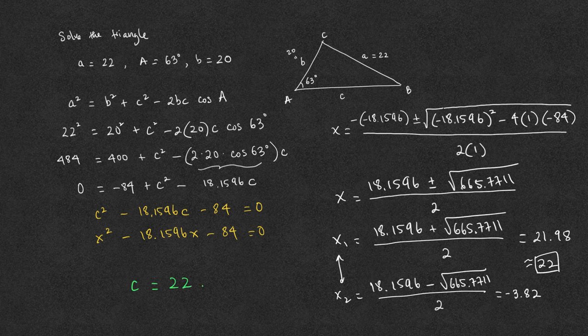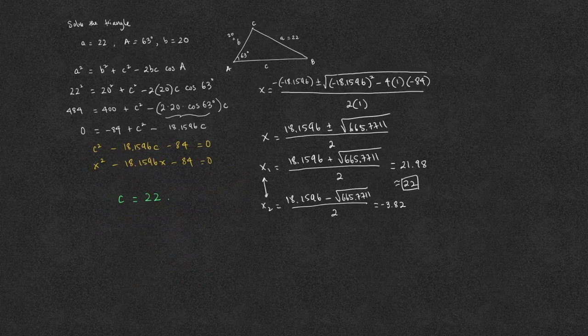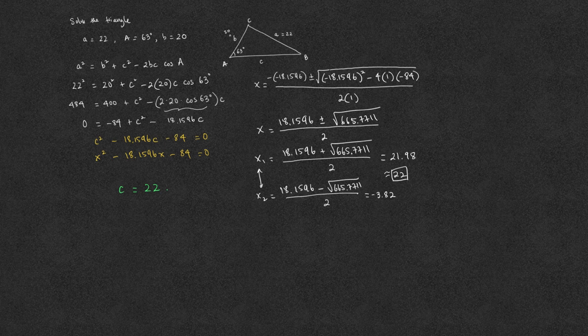We then update the information we found and the given information. Given that the lowercase a is 22 and the uppercase A is 63 degrees, these are the sides with their corresponding angle. We just found that the lowercase c is also 22. Therefore, the angle that is opposite to this side, capital C, needs to be 63 degrees as well, because the two sides are the same.